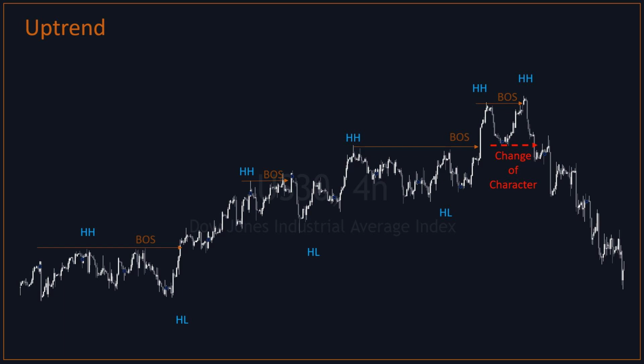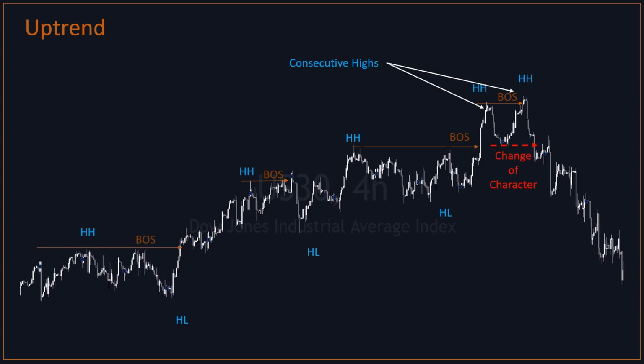Now, why do we say this is a change of character? We say it is a change of character because we're looking at the low between two consecutive highs. When you look at the top, you see that's high number one and high number two.